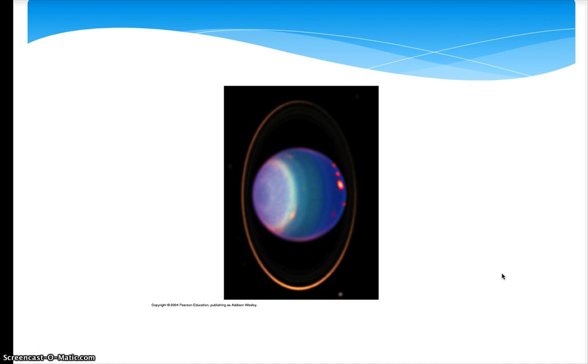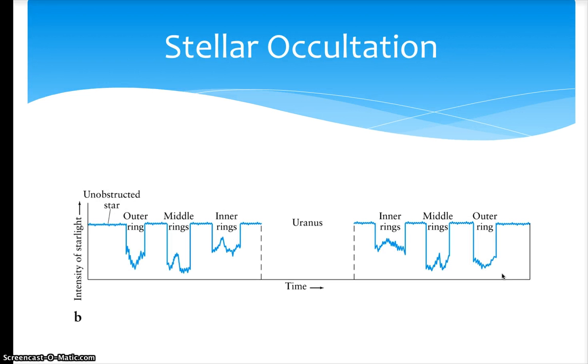And Uranus is kind of important because it was the second Jovian planet that we found a ring system around, and we found it quite by accident. There's this phenomenon that astronomers use to study atmospheres of planets and other stars, and it's called stellar occultation. It's when a star is being blocked by another object that passes in front of it.